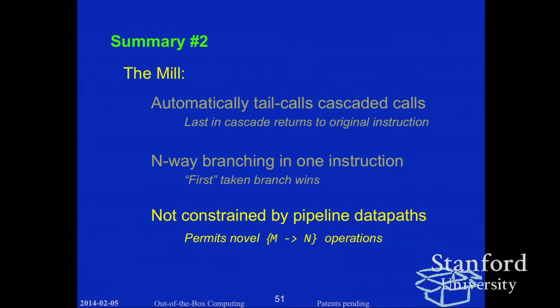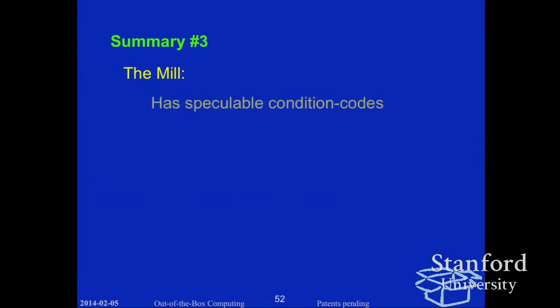Consequently, we can support novel operations which have M inputs and N outputs that other machines simply do not have, including perhaps specialized operations for certain particular market areas. And it has speculatable condition codes, so you get the performance gain on it without global state.